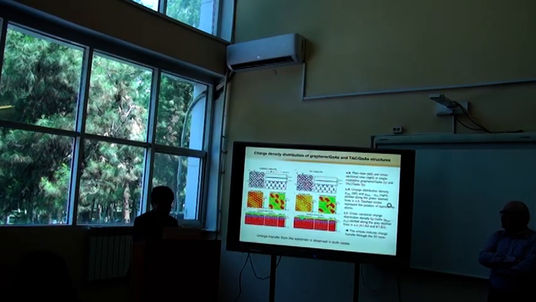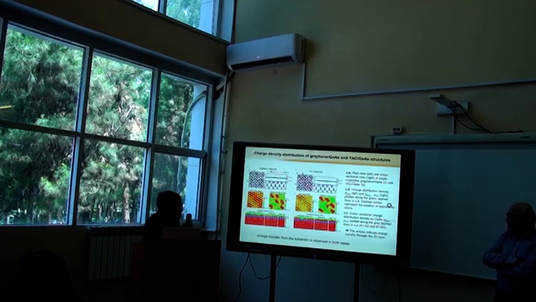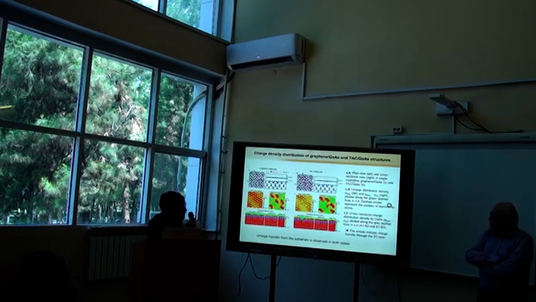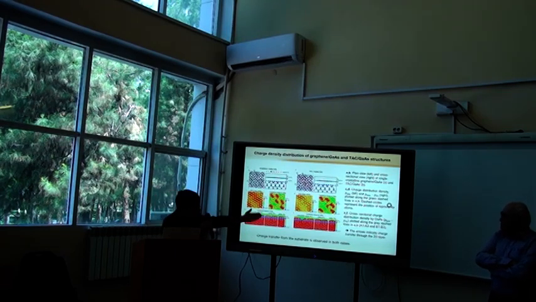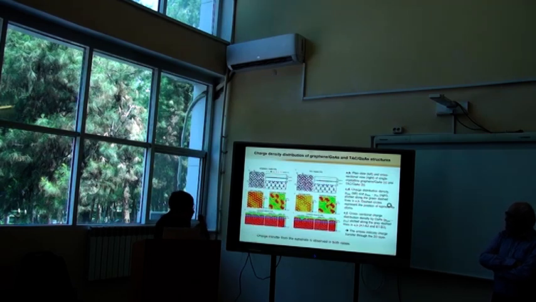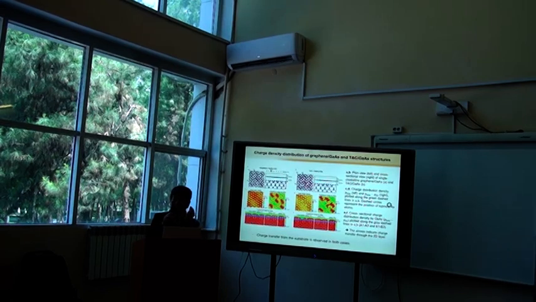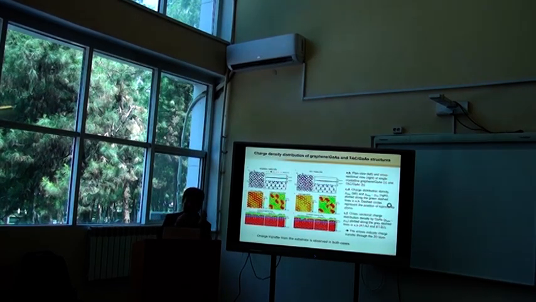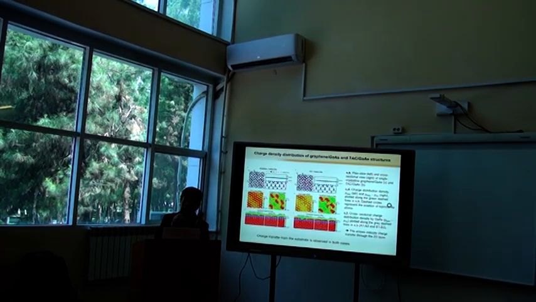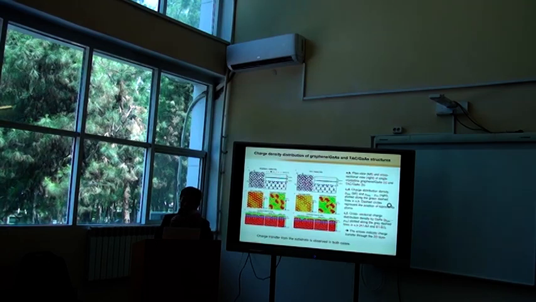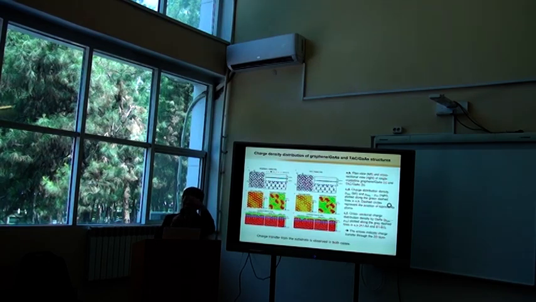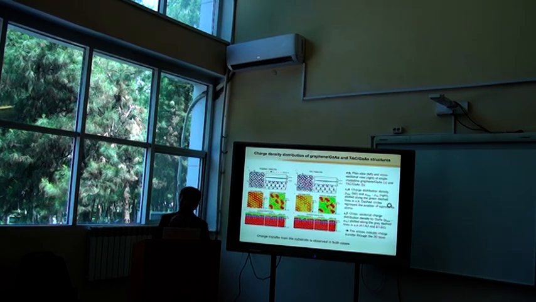Let me see how to read that. I think the transfer is in the range of 10 to the minus 4, which is not that big, a small amount of charge. But even if it is small, it can have some effect on the growth of overlayers, from our understanding.